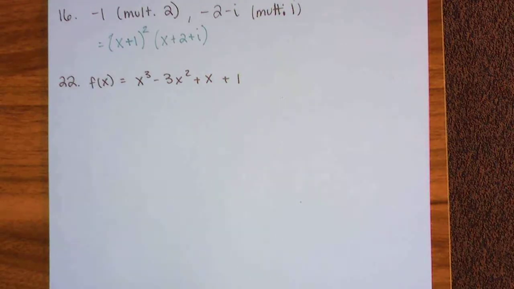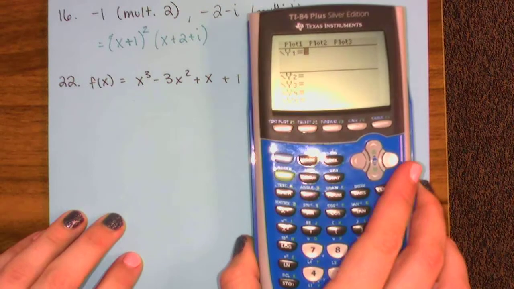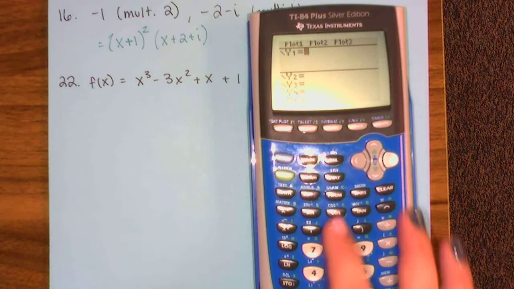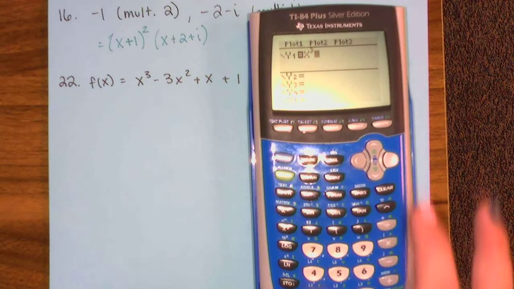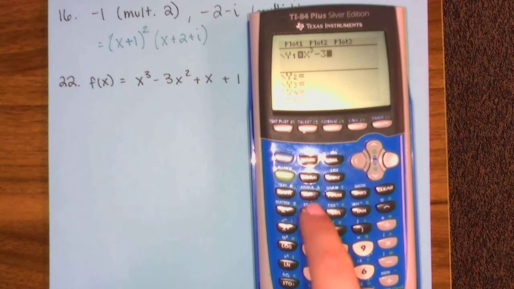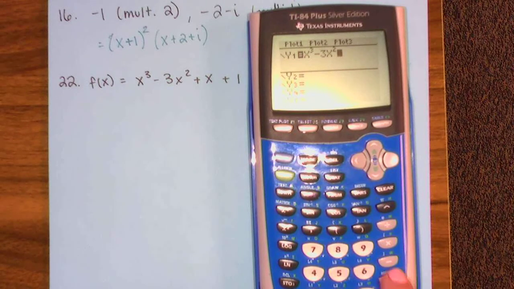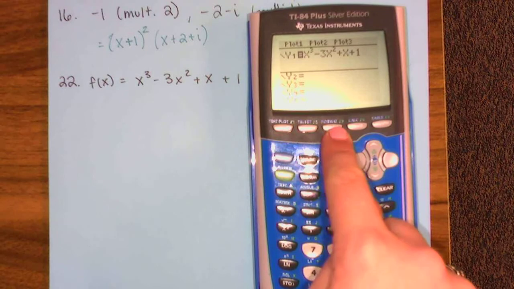Make sure your stat plots are off if you have them on from anything. And then once you type it in, do zoom 6.